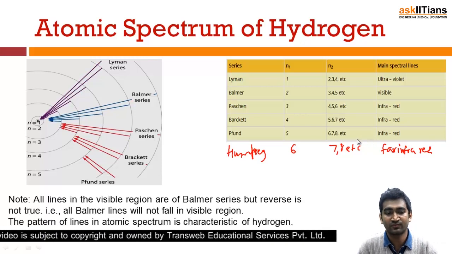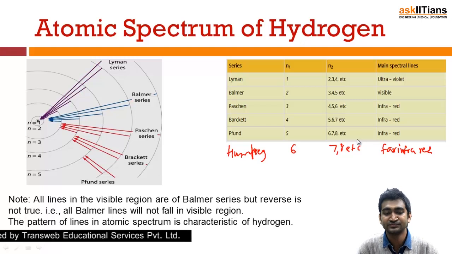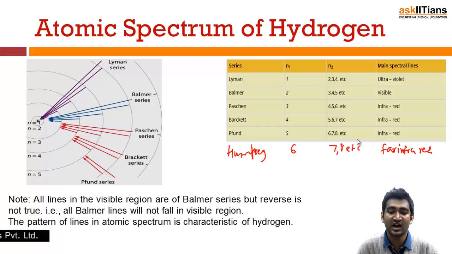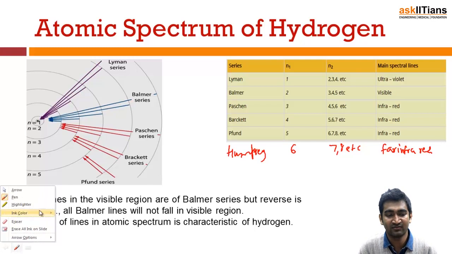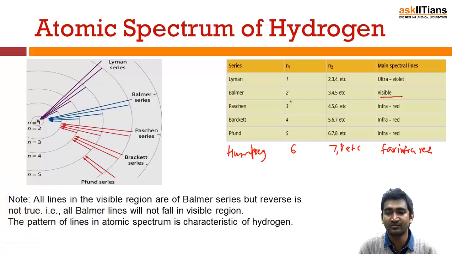So this is a note for you that all the lines in the visible region are of the Balmer series. For visible spectral lines, I have my Balmer series. But the reverse is not true. It means all the Balmer series lines will not fall in the visible region.